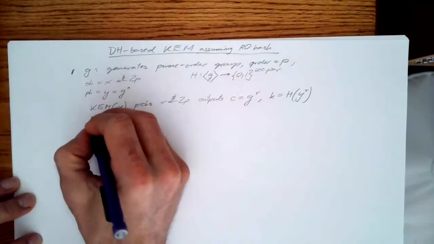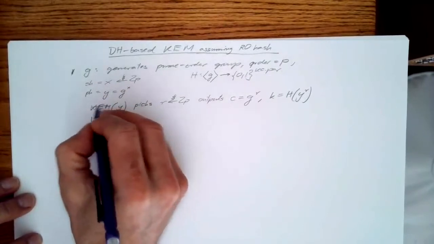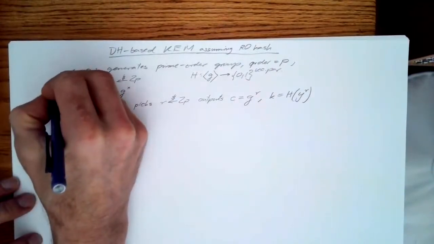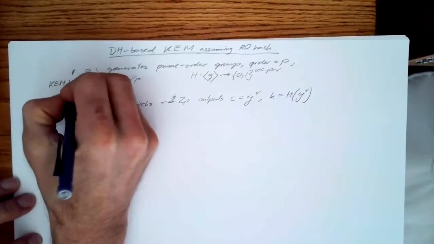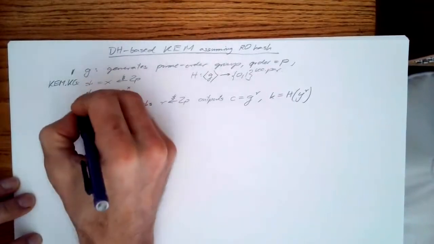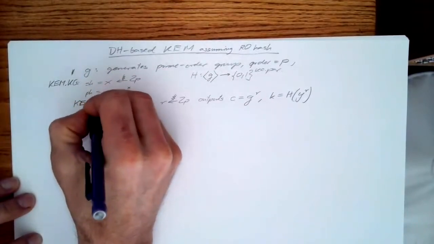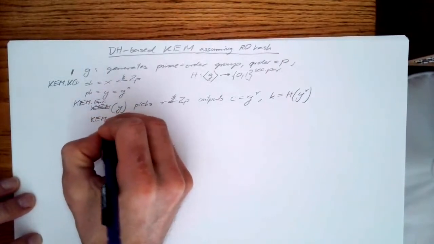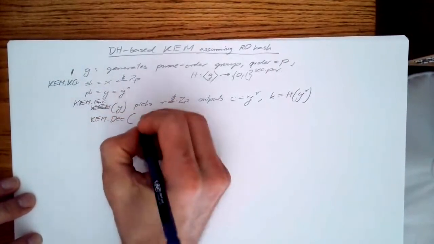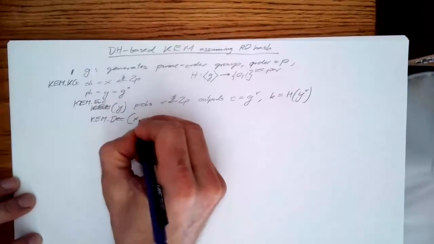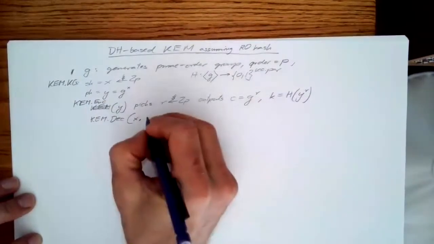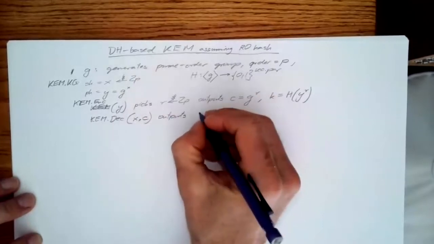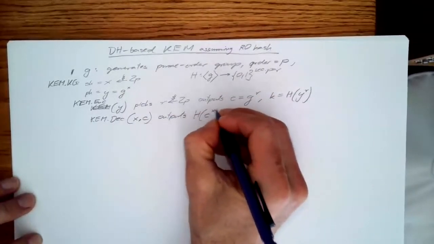So this is the KEM key generation. This is KEM encapsulation, and here is the KEM decapsulation. It uses secret key X and ciphertext C, and it outputs the hash of C to the X.